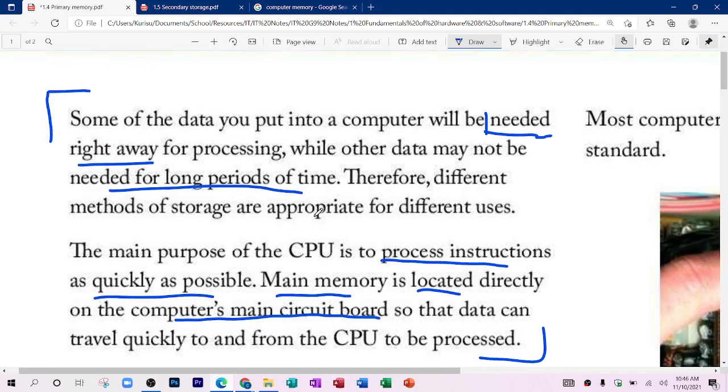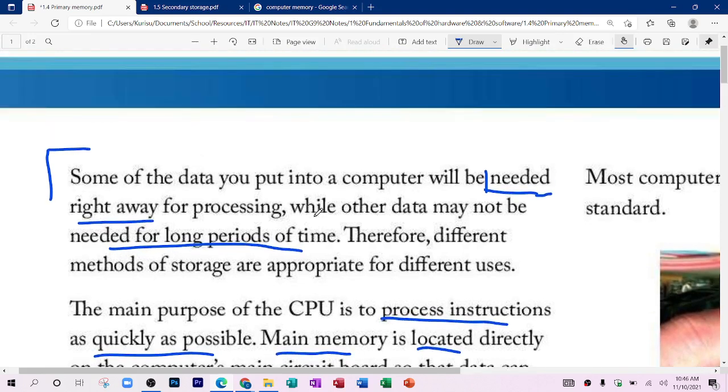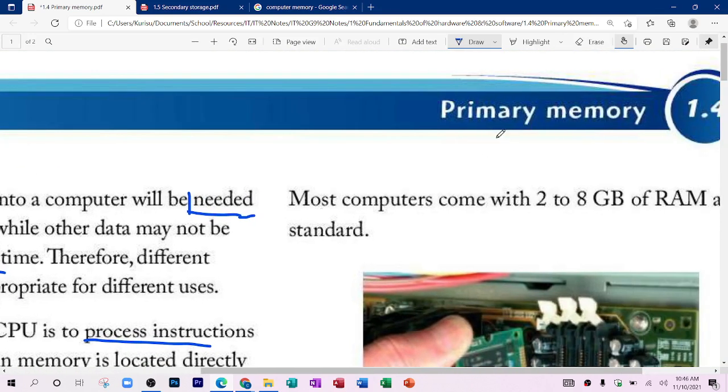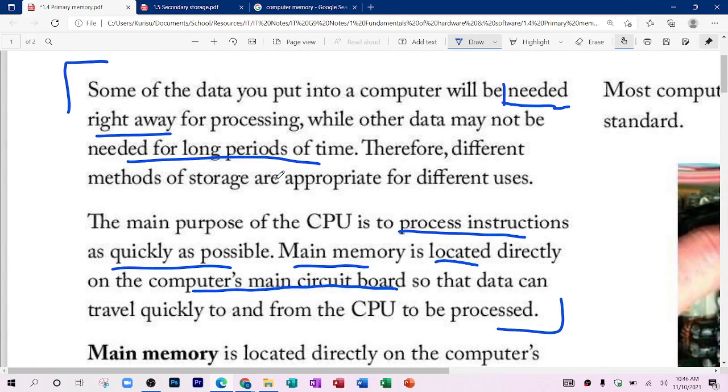Well, the data that you need right away is going to be stored in memory, and that's the chapter we're looking at. So memory stores data that you need right away. Please remember that. And the term memory also refers to main memory. That's something else you should remember.